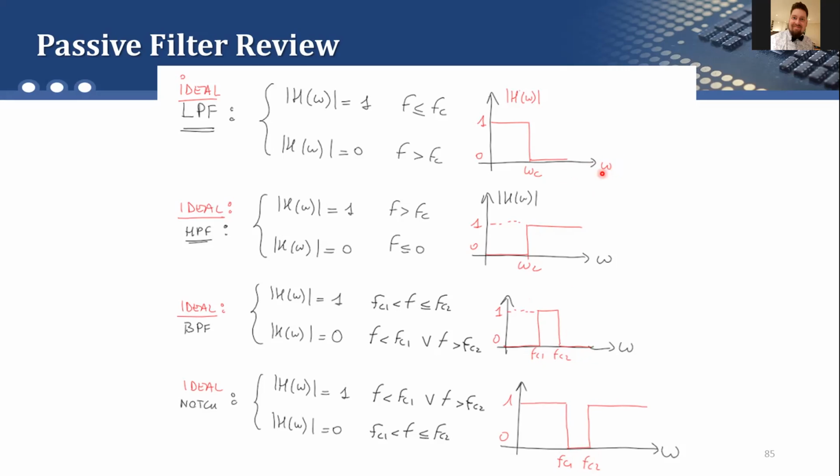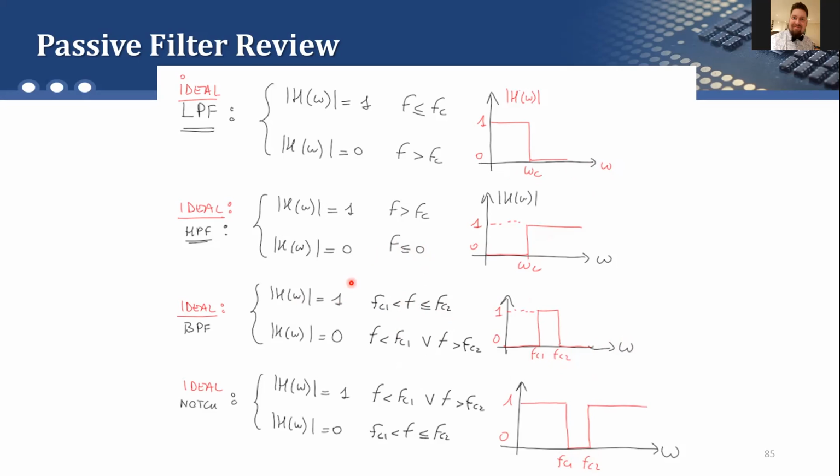So if you write omega here, write omega c, and here write omega c1 and omega c2. But in the end, the important thing is to understand that writing omega and f is kind of the same thing. Yes, so here there should be an fc, okay? There is an error here.